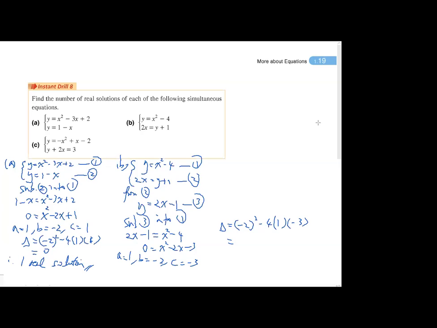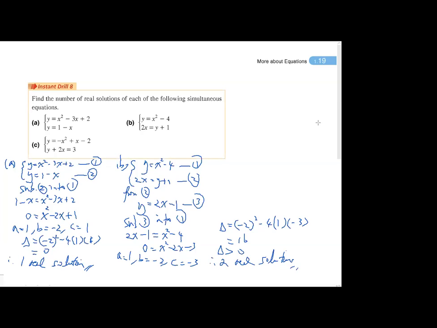And that should be equal to 16, which means that delta is larger than 0 this time. Delta is larger than 0 means we should write down the conclusion of case 1. Case 1 means there are 2 real solutions. Therefore, there will be 2 real solutions.